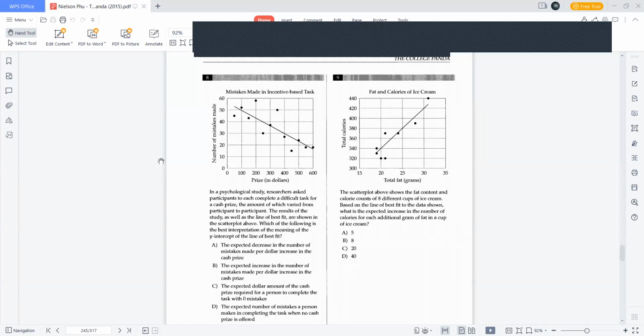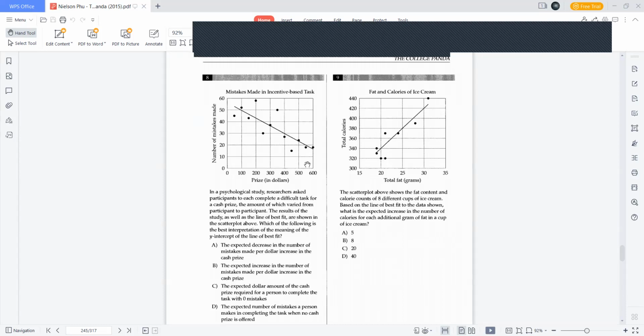It's like the set value or the ground position. So that is out. With regard to C, the expected dollar amount of the cash price required for a person to complete the task with 0 mistakes. The y-intercept.